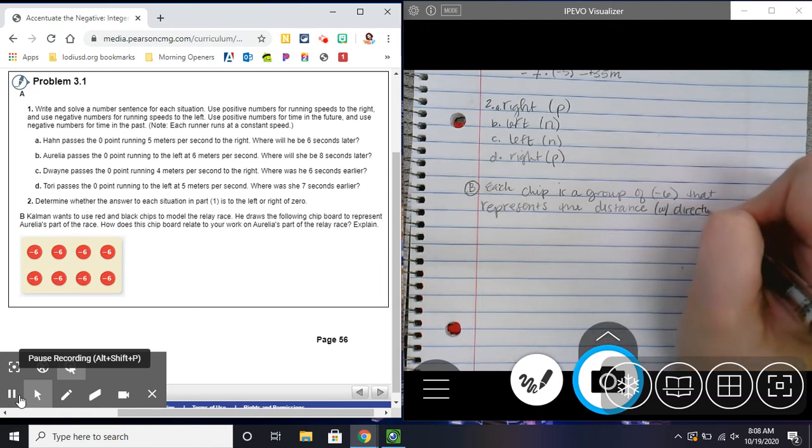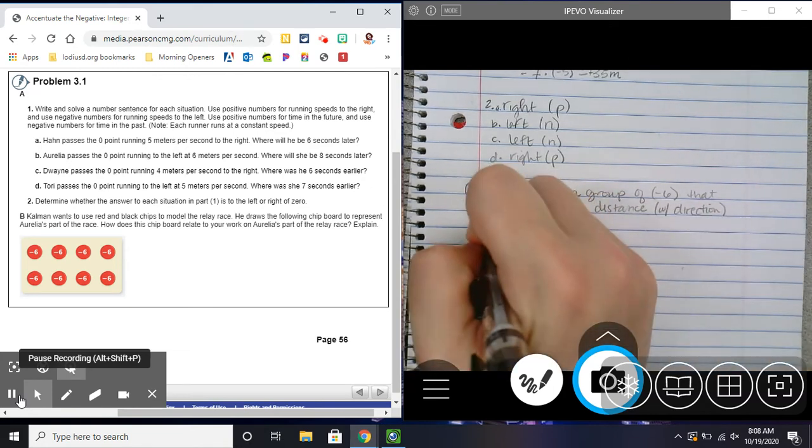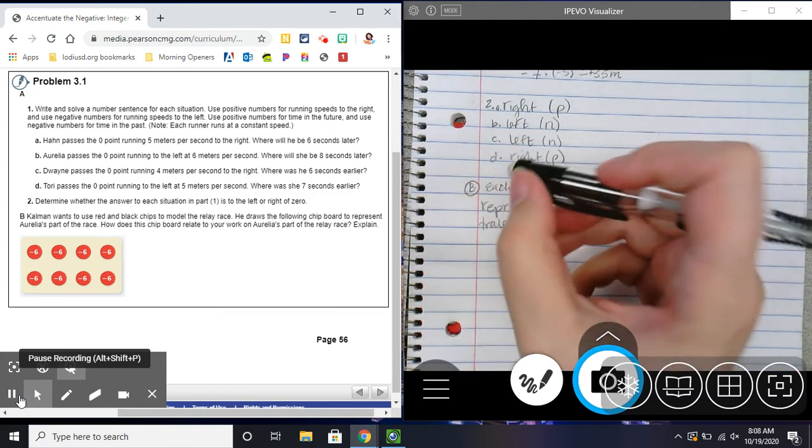That's what the positives and negatives are. That's telling you the direction, right or left, traveled.